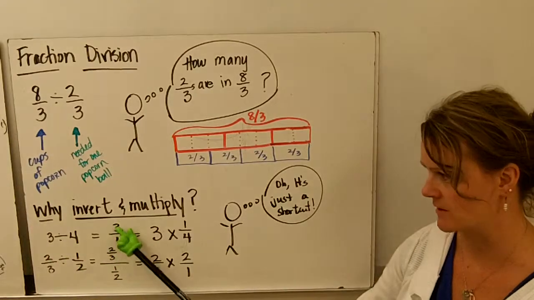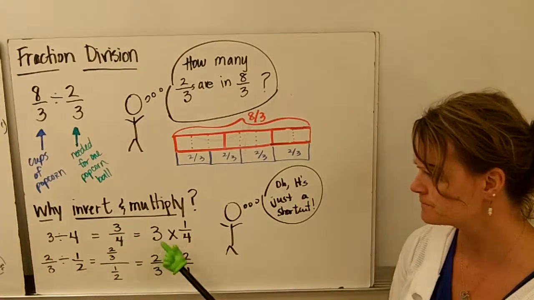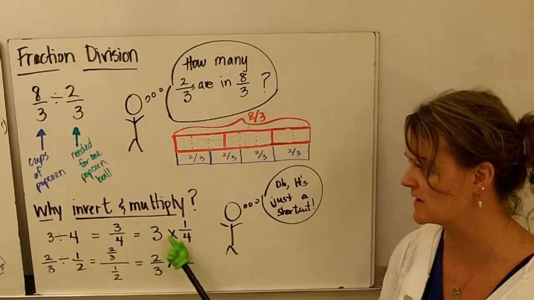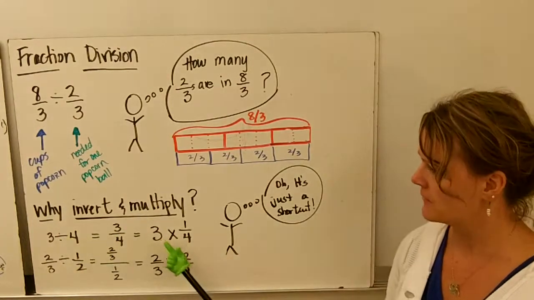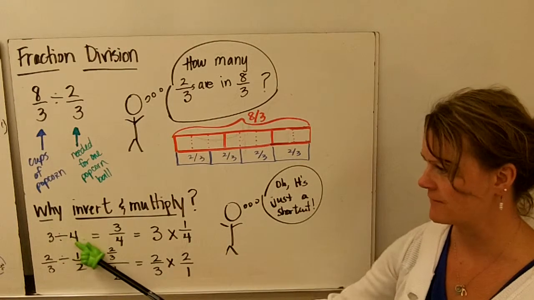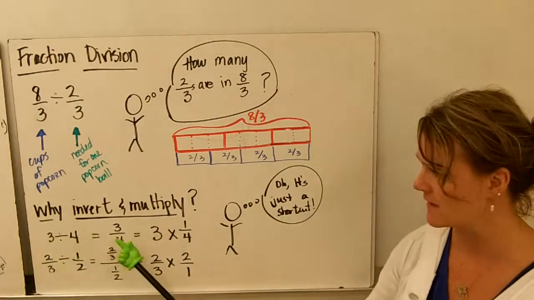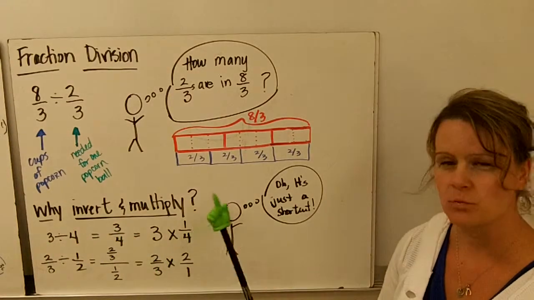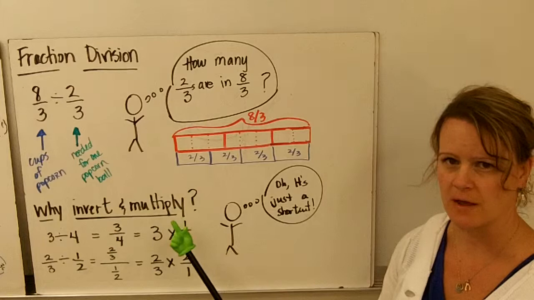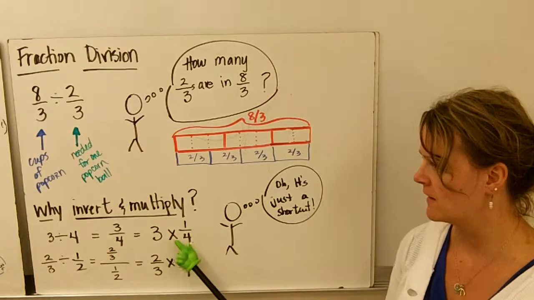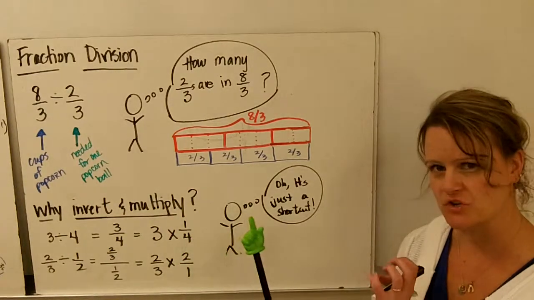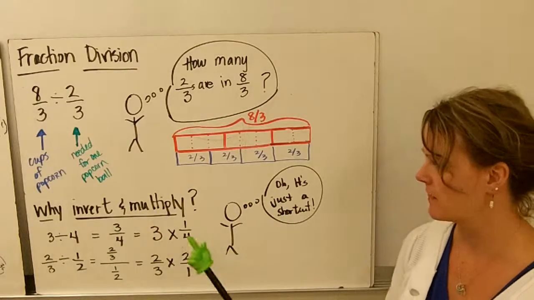We can write this as a fraction, 3/4. We can also think of this as 3 times a 4th. And if we think of 3 divided by 4 as taking 1/4 of 3, that's really what we're doing when we invert and multiply. We're thinking of it in that taking a portion of another number method.